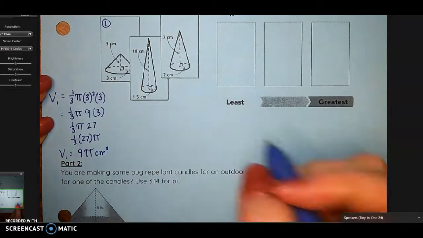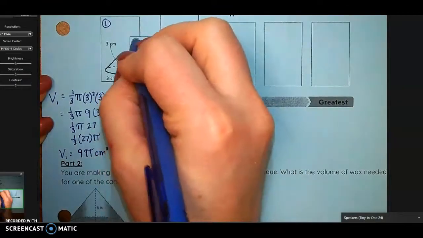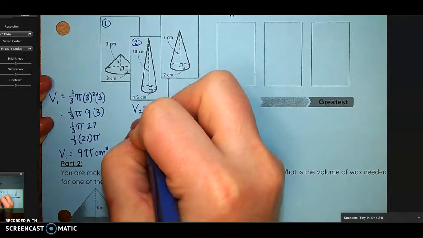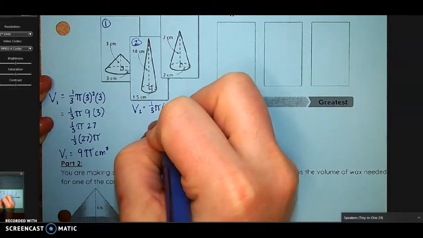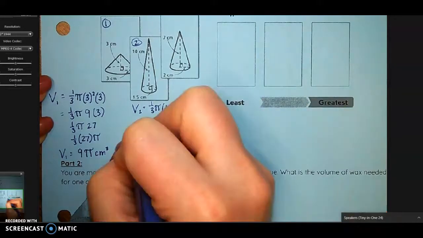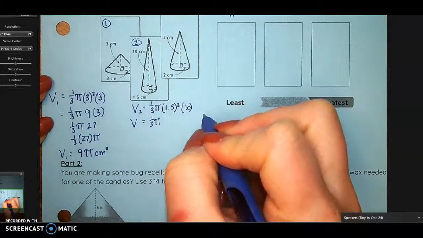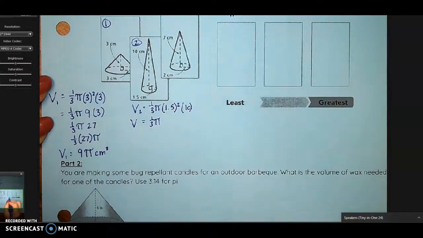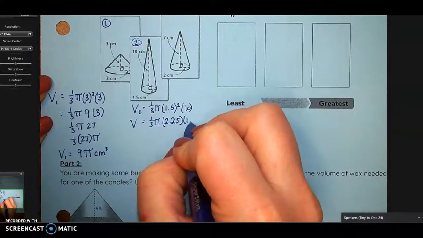My second cone is much taller, but its radius is smaller. So for cone number 2, I'm going to have 1/3 times pi times 1.5 squared times 10. So 1/3 times pi, and 1.5 squared is 2.25, so times 10.